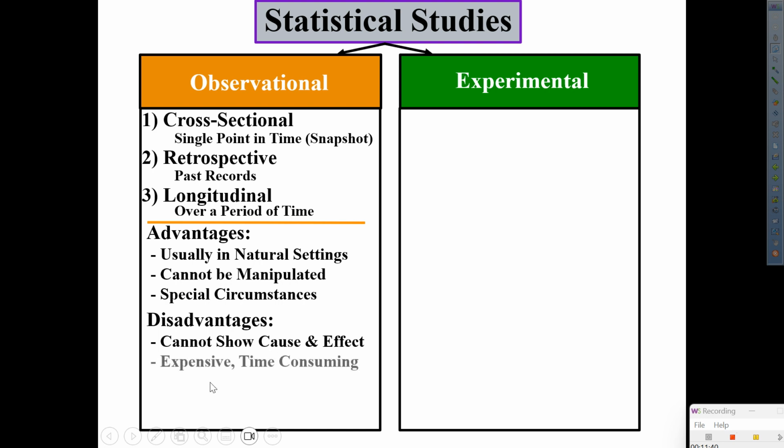The other one is that it's too expensive and time consuming. And the last one, there's inaccuracies in regards to foreign measures or anything that comes in during the study that might affect what you have already in your study, which is the observational study.